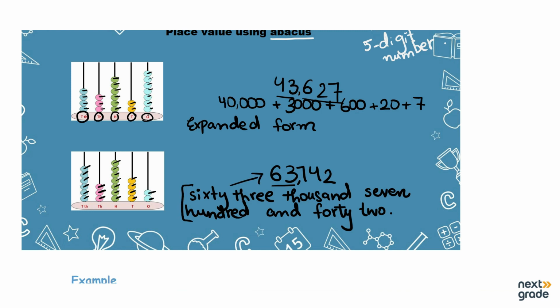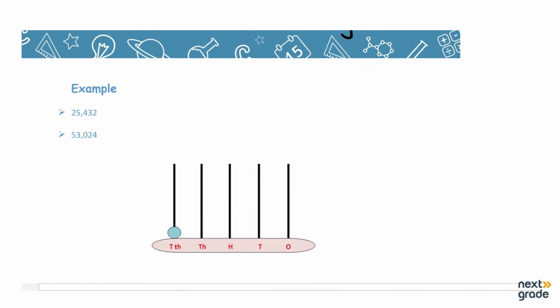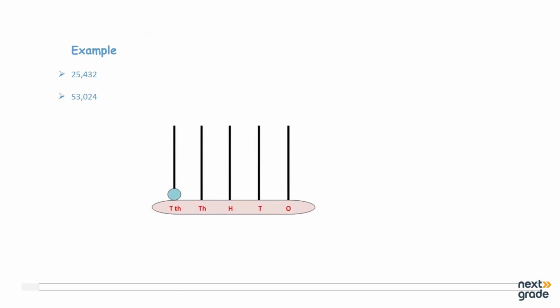We have solved two examples by looking at the beads of the abacus, and we have guessed the number by ourselves. Now moving on, what if there is another question in which you are only given a number, but you have to place these numbers into the abacus? Remember, we have done this in the place value chart.